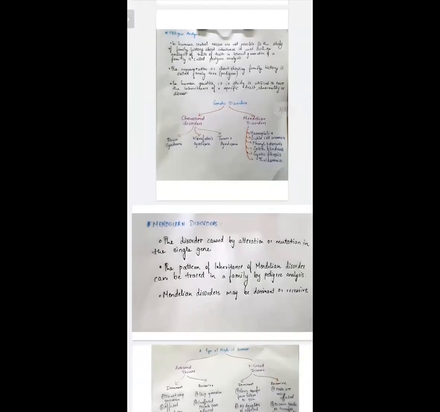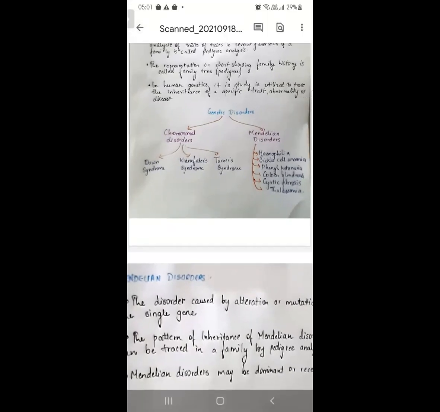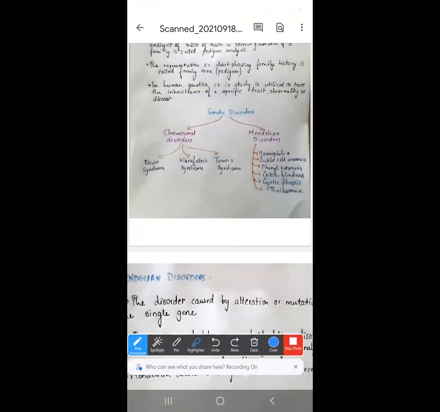Now, genetic disorders. Genetic disorders are divided into two: chromosomal disorders and Mendelian disorders.